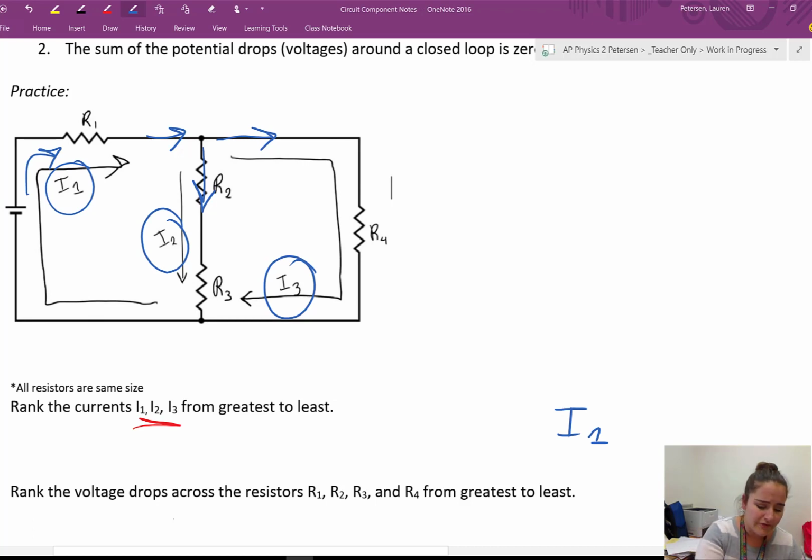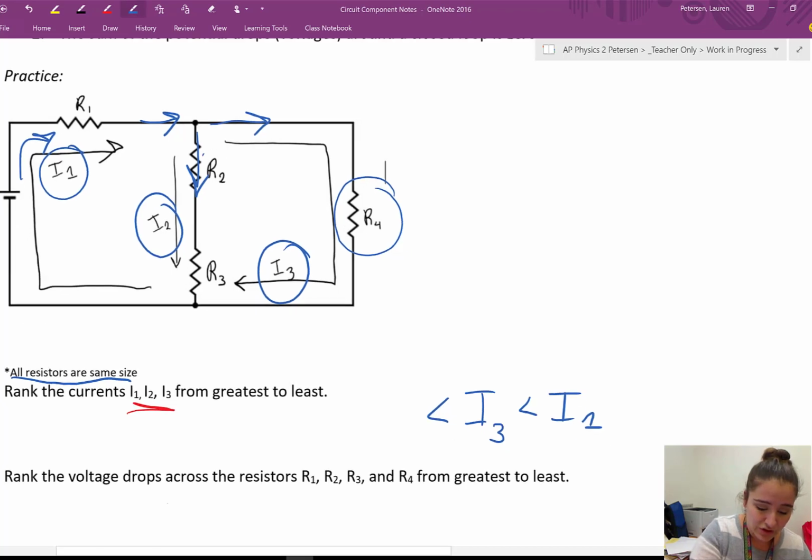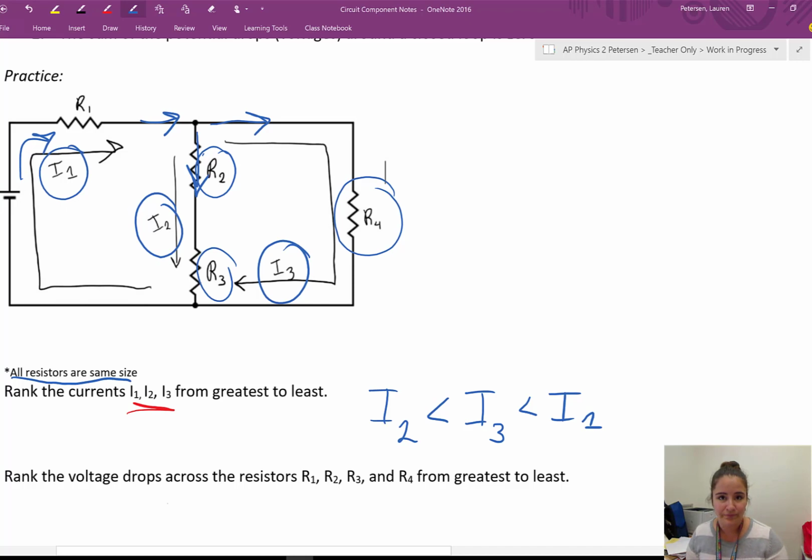If all the resistors are the same size, more current is going to flow through the path of least resistance. Because this path only has one resistor, more current is going to choose to flow through that path than to flow through these two resistors, through the path on I2.